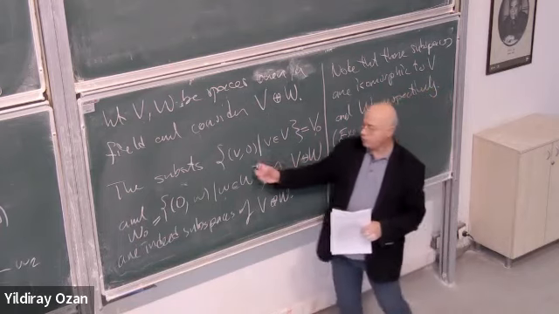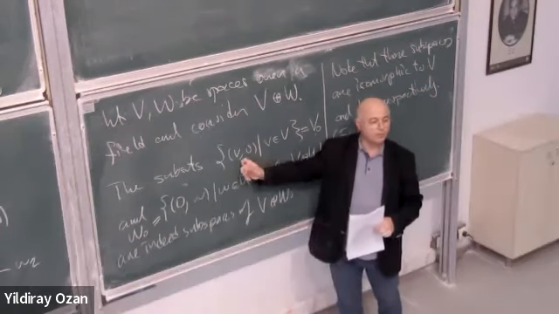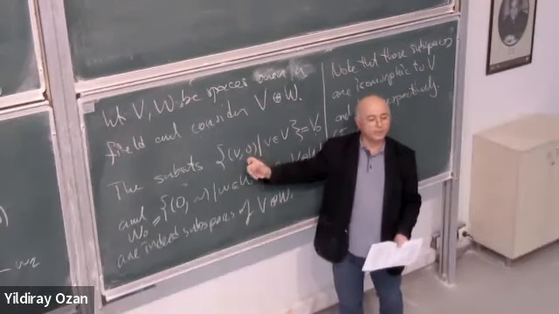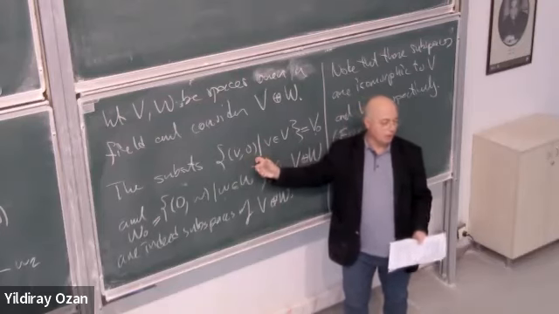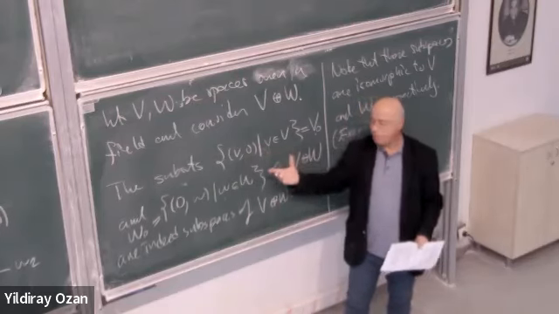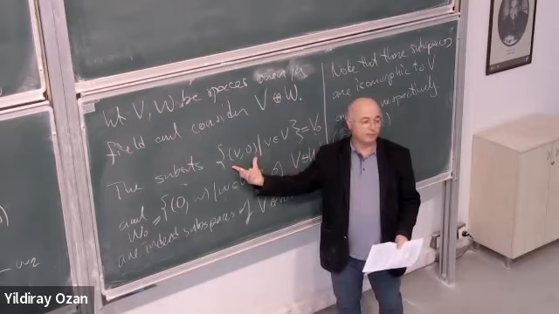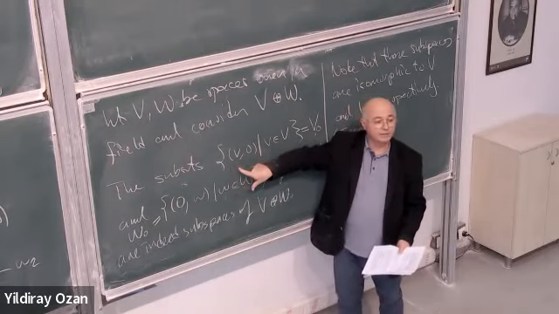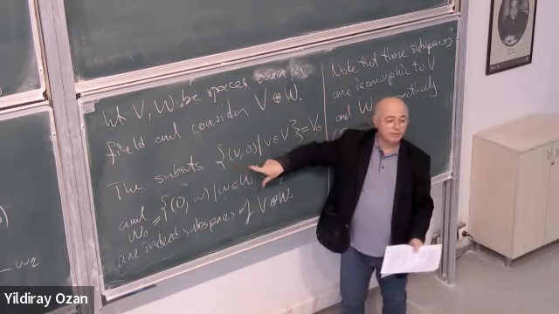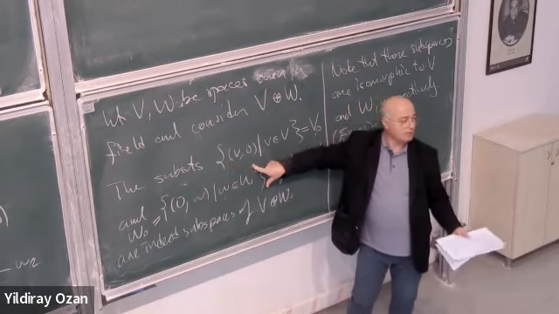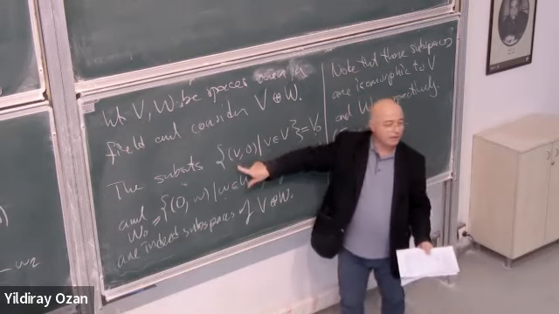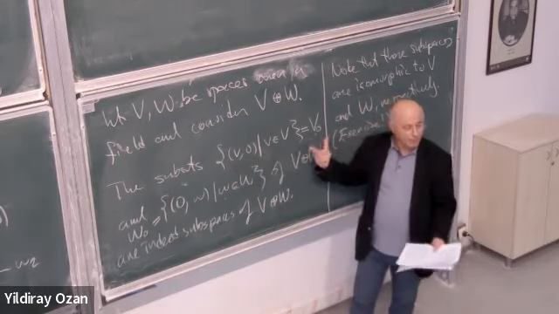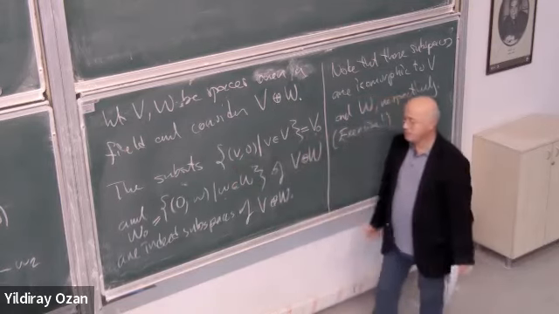And it is clear, of course, if you take V1 comma 0, V2 comma 0, if you add them up, you will get V1 plus V2 comma 0. It has the same form. And if you multiply this by a scalar lambda, then you will get lambda times V comma lambda times 0, but lambda times 0 is already 0. So you get again an element in the same subset. Therefore, these are subspaces.